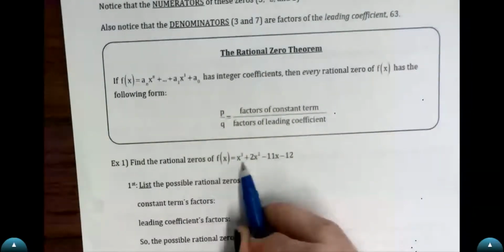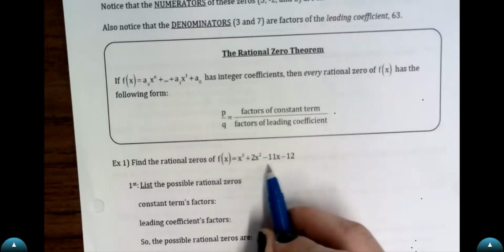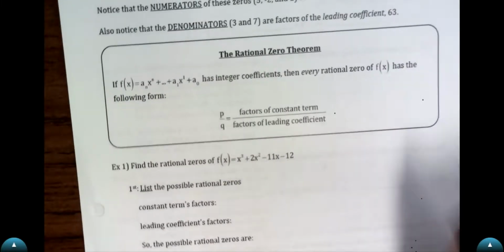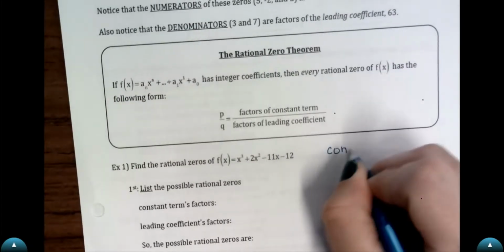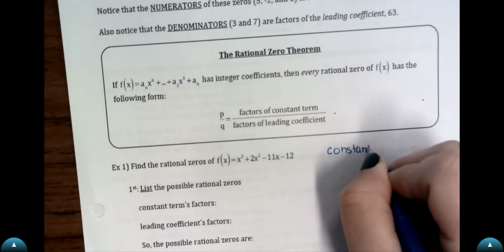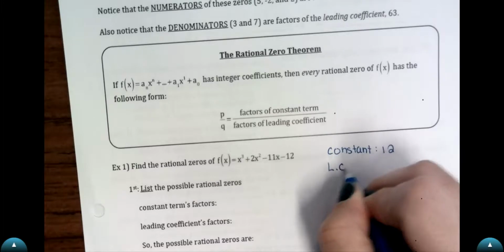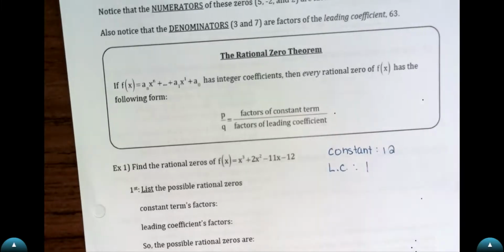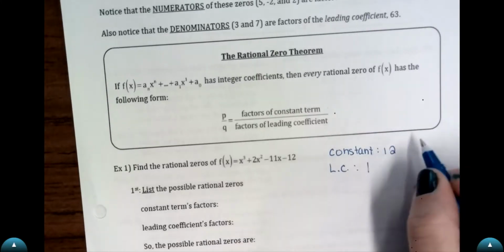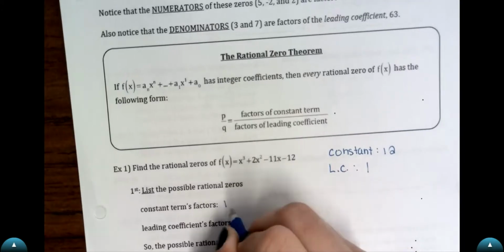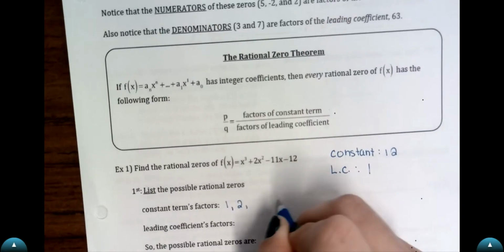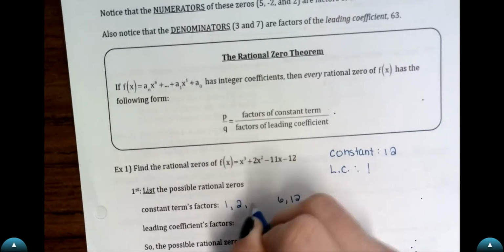All right. So in our expression x cubed plus 2x squared minus 11x minus 12, we're going to list the constant's factors. The constant in this case is 12. The leading coefficient is 1. So all the ways to make 12 are 1 times 12, 2 times 6, 3 times 4.